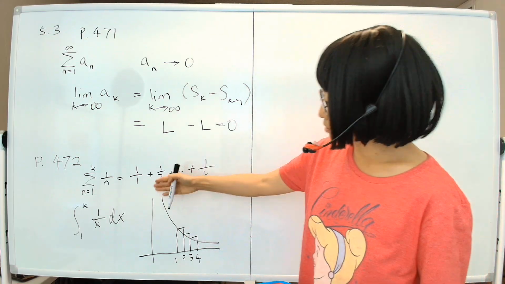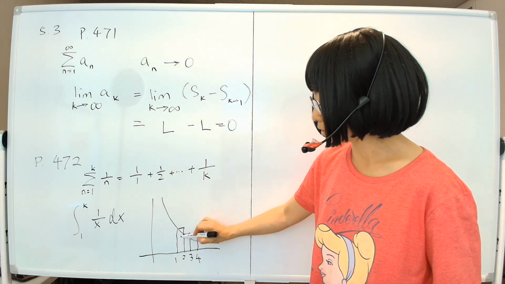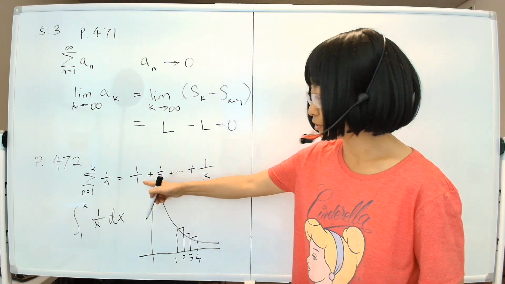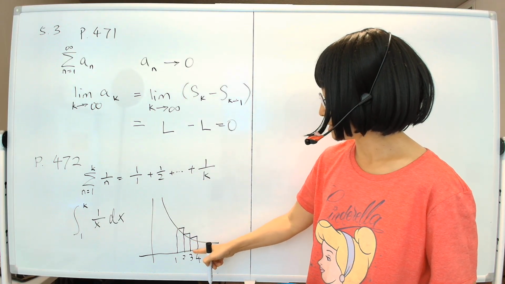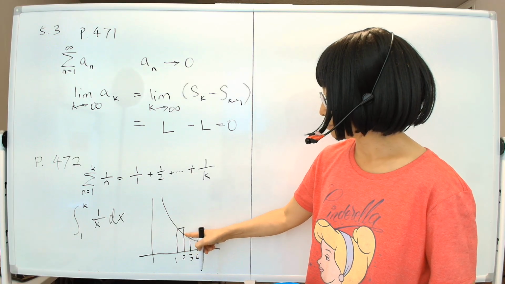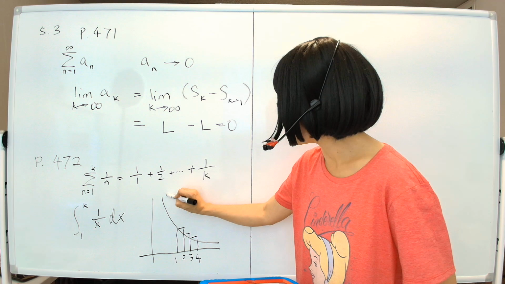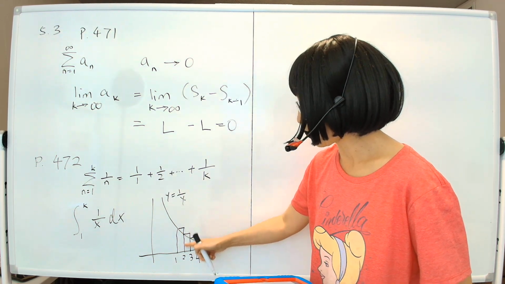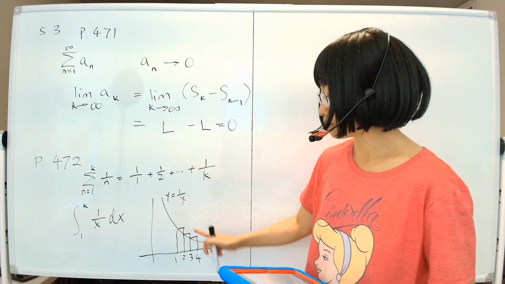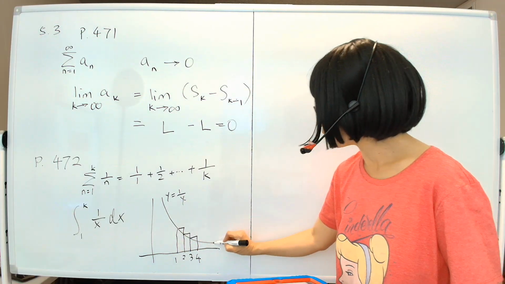As you can see, the distance here is 1, so the area down here is the first term. And then the second rectangle has height 1/2, since this is the y equals 1 over x graph. So that is 1/2 times 1, and so on. The rectangles go all the way down to k.